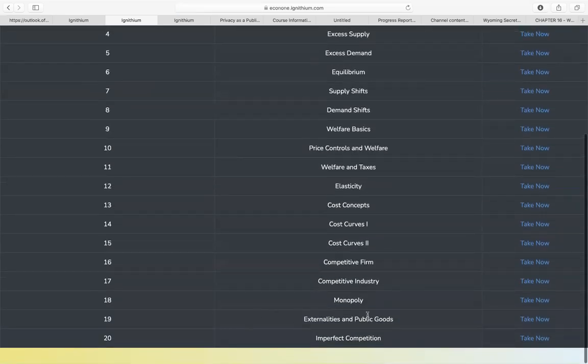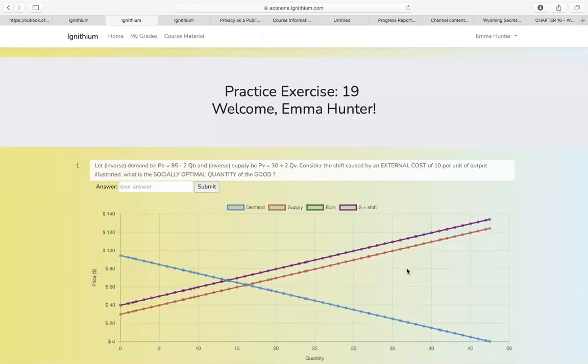Now we're down to externalities and public goods. Obviously there are lectures on this, and I'll give you guys a really quick introduction here, and then you can ask questions.